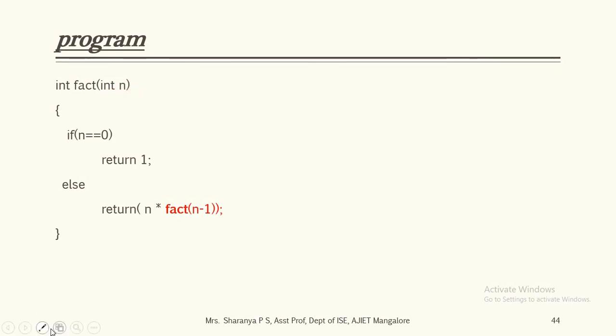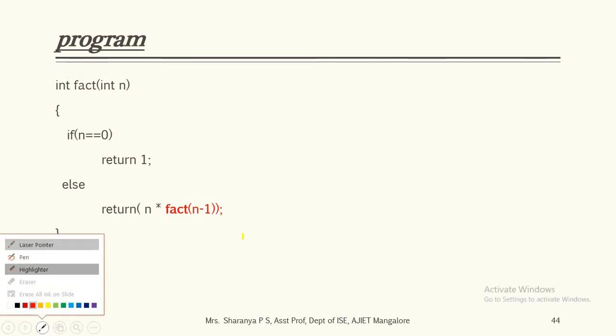Say for example 4 is the number entered by the user. Then is 4 double equal to 0? No, the condition is false. So it will come inside this else part and start the computation 4 into, and here we can see once again the same function will be called.